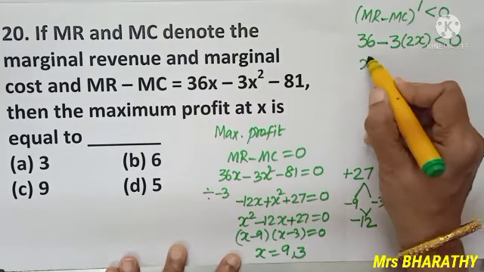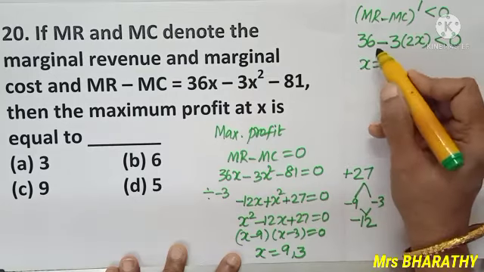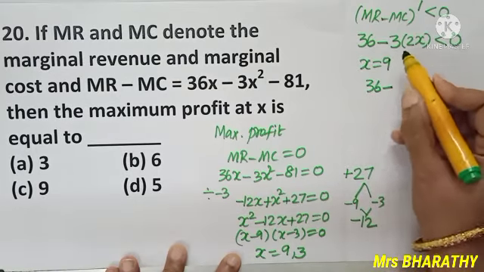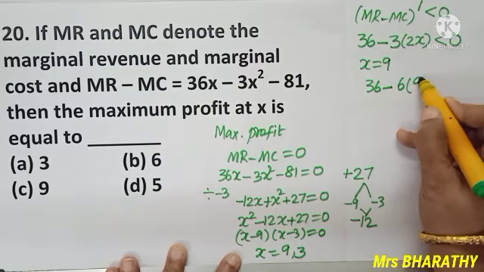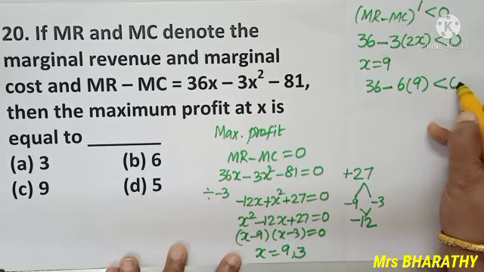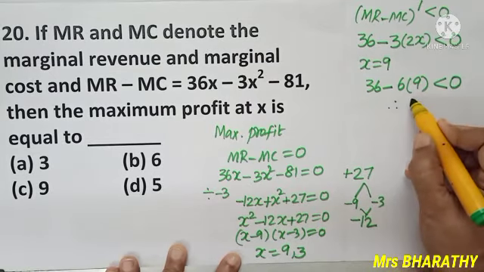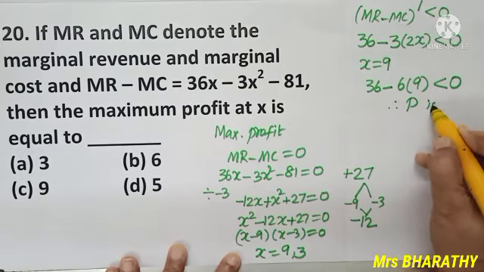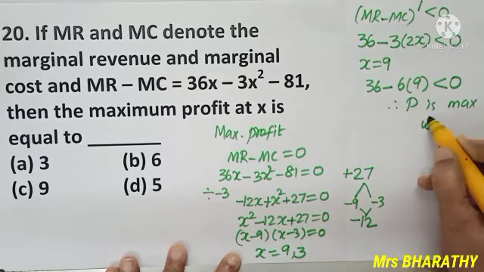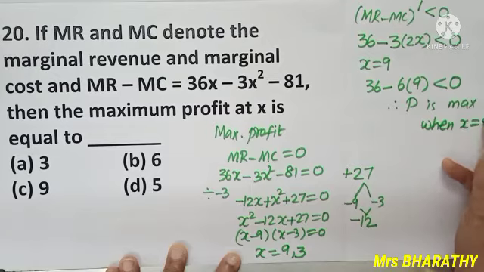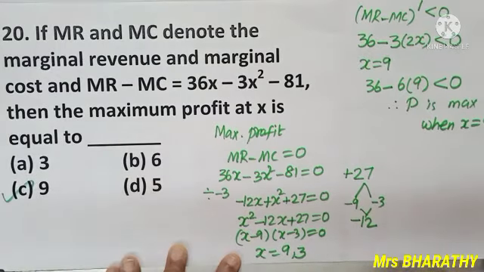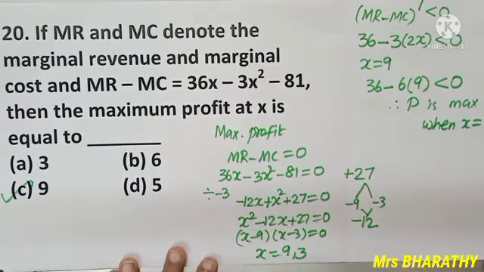When I put x is equal to 9, we get 36 minus 3 2s are 6 into 9, that is less than 0. Therefore, profit is maximum when x is equal to 9, and option C is the right choice.